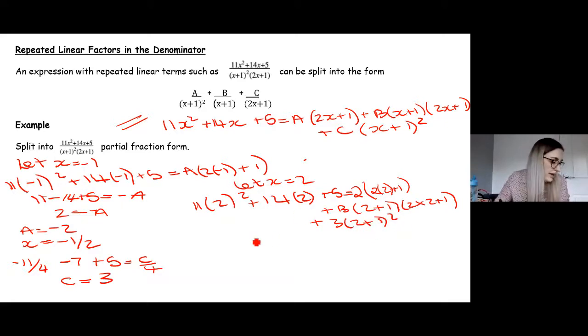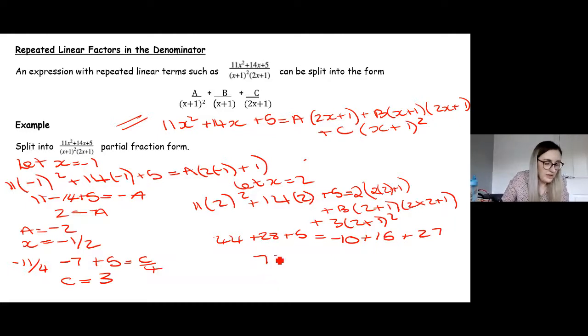Now sorting all that out, eventually I will get 44 plus 28 plus 5 is equal to minus 10, plus 15b plus 27.